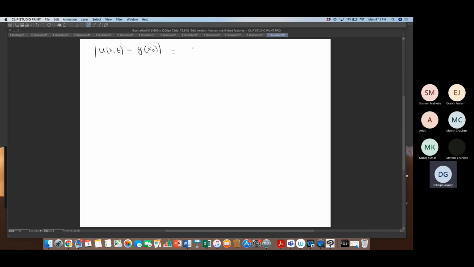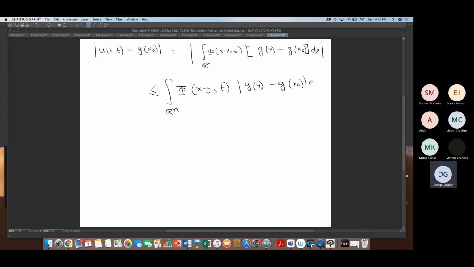This is the modulus of the integral over Rn of phi(x minus y, t)(g(y) minus g(x naught)) dy, which is less than or equal to the integral over Rn of phi(x minus y, t) times the modulus of g(y) minus g(x naught) dy.